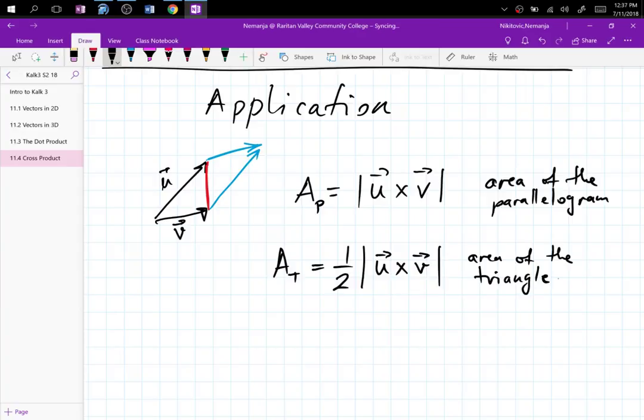So this is the first application: to find the area of the parallelogram and the area of the triangle. You simply compute the cross product, take the magnitude of the resulting vector, and then if it's a triangle, cut it in half.